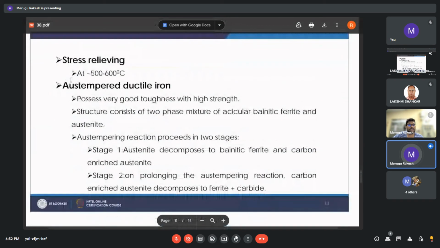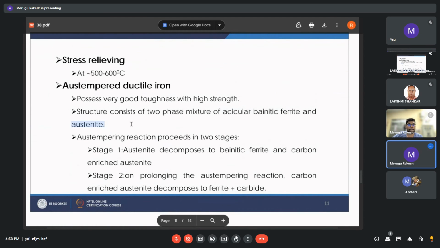Then stress relieving for ductile cast iron. Then austempered ductile iron. Austempering happens in the first stage of the TTT curves, having very good toughness with high strength. The structure consists of a two phase mixture, that is bainitic ferrite and austenite. But austenite is still an unstable phase.